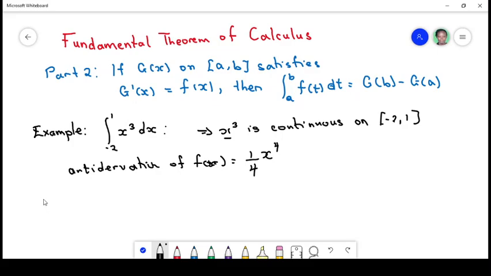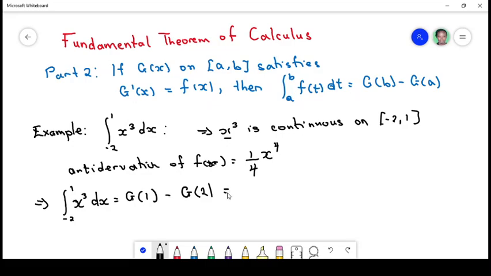It means that I have my integral from -2 to 1 of x cubed dx is going to be g of 1 minus g of -2.